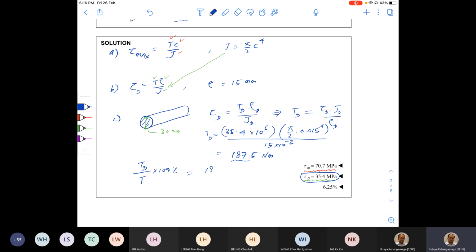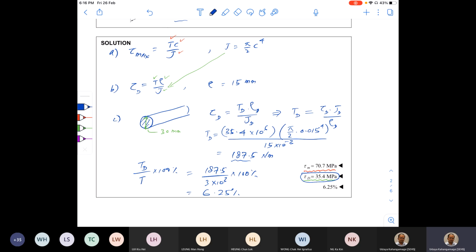So that means 187.5 divided by 3 kilonewton, 10 power 3, into 100%. So if you simplify, you get this answer, 6.25%. Out of 3 kilonewton meter, the inner core can provide only 6.25%.